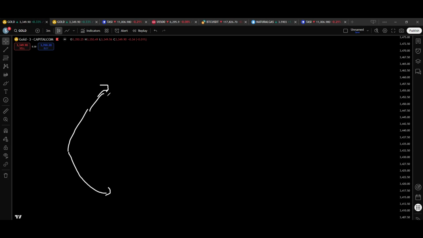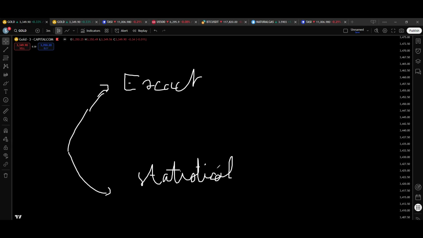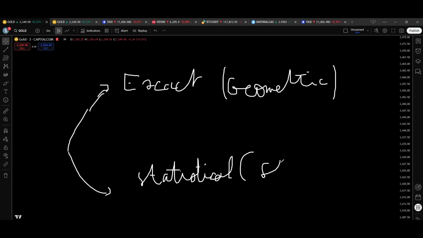We have the exact self-similarity, and we have the statistical self-similarity. So when we talk about exact self-similarity, we are talking about geometric self-similarity. And when we are talking about statistical self-similarity, we are talking about a stochastic process. Okay, so as far as I can tell, it's simple.